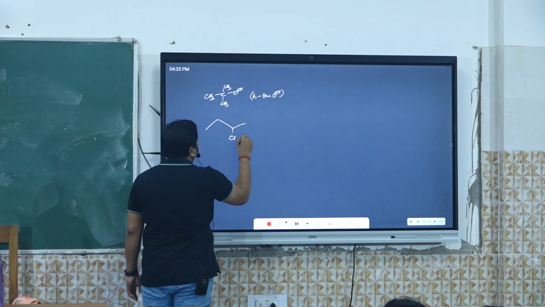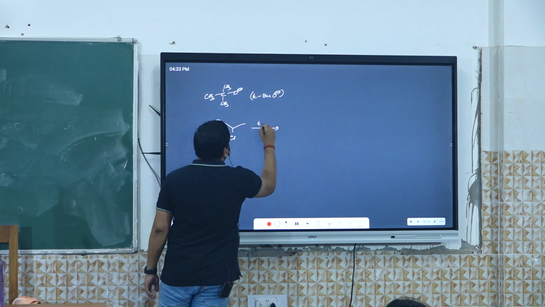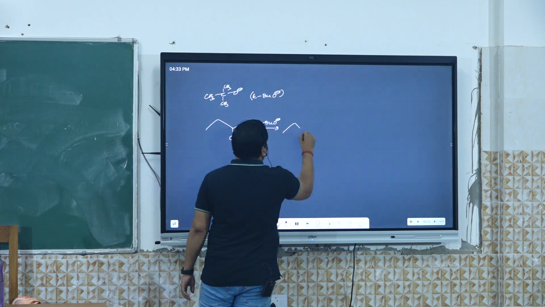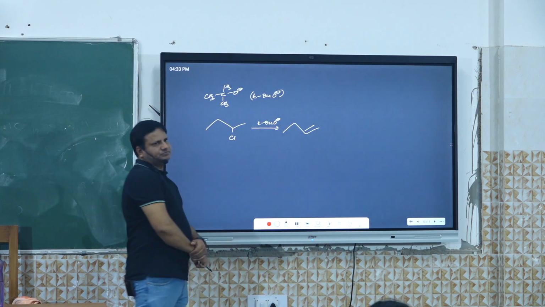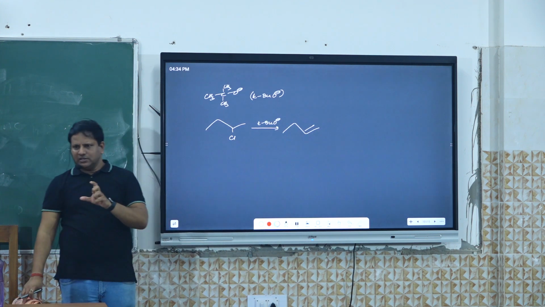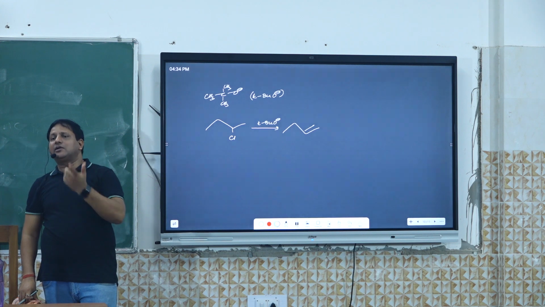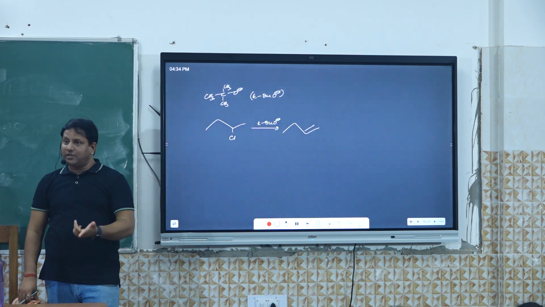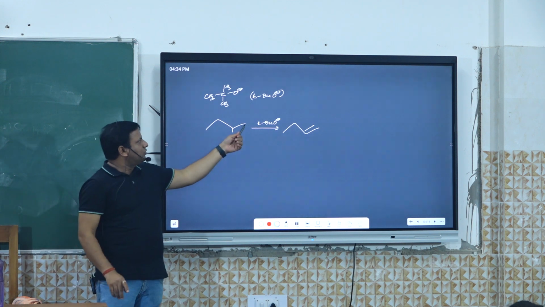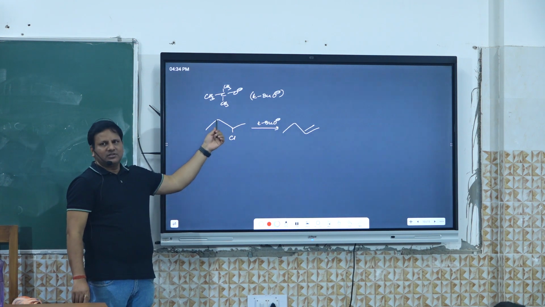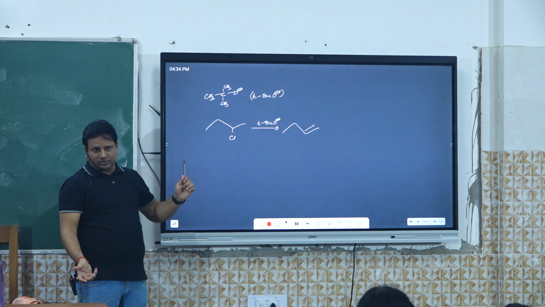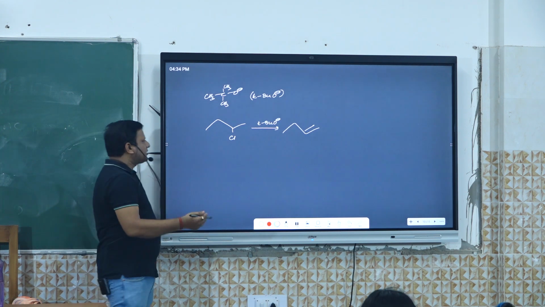Suppose this is chlorine. In the presence of tertiary butoxide, the product is the Hoffman product. Since it is a bulky base, it cannot attack the secondary carbon. Rather, it can comfortably attack the primary carbon. So it can attack this carbon as compared to this. Hoffman product.